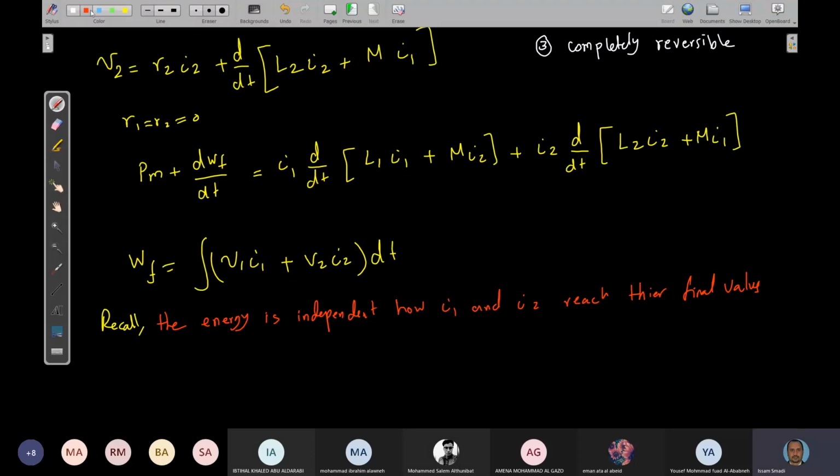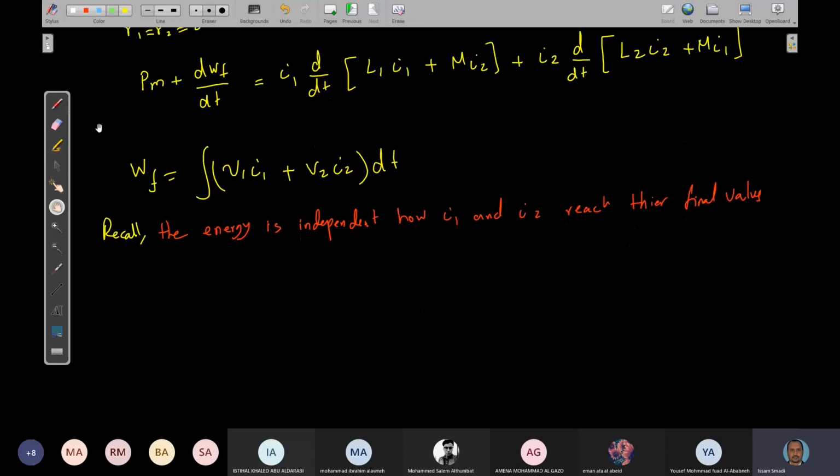So simply, this means that the integration can be done by using two stages.